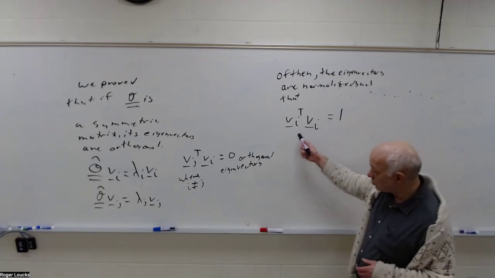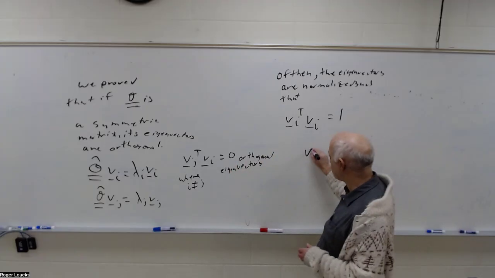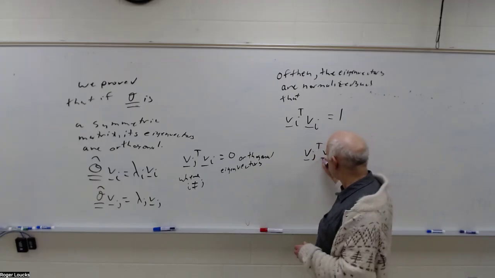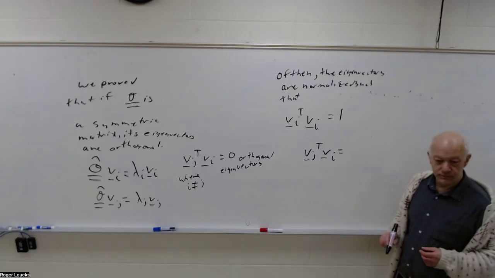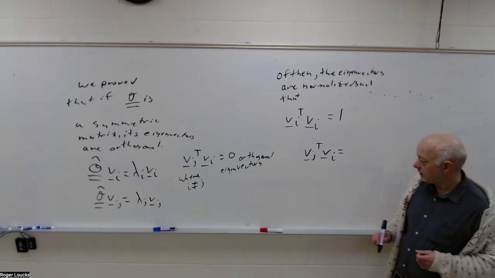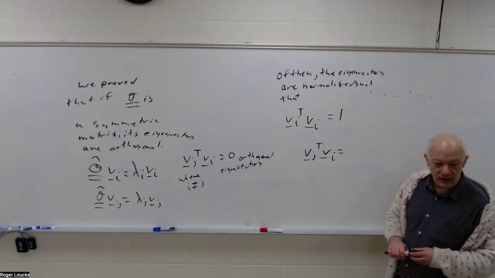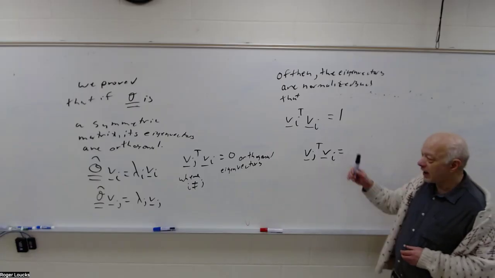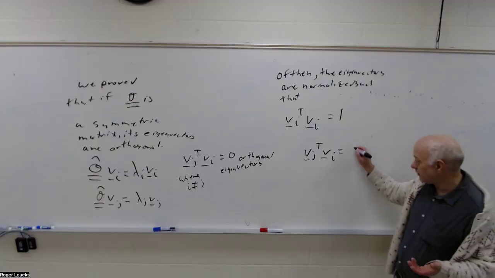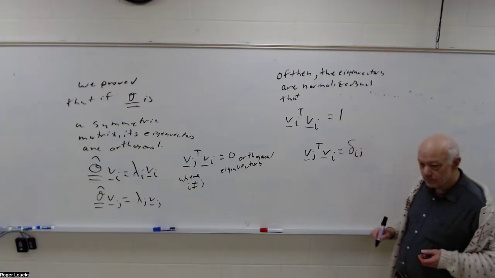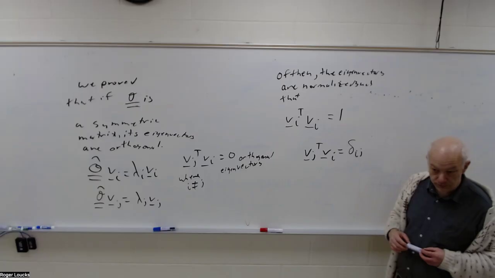So if I put this condition and this condition together, I can then write this, your Kronecker delta: it's 0 if i does not equal j, and if i equals j, then it's 1. So that's the condition we're going to have here.